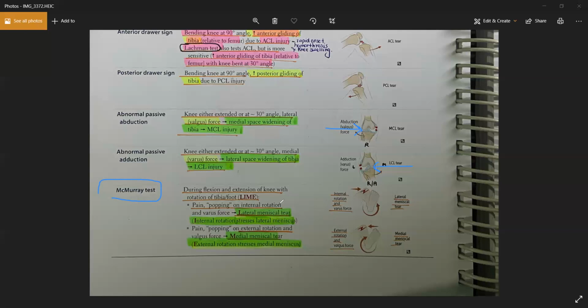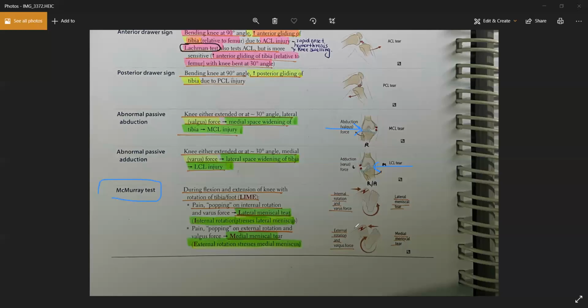And similarly, whenever I do the lateral rotation while applying the valgus force, which means a force from lateral to medial, and I get pain, that means it is a medial meniscus injury. The very easy way to remember is just think about the varus force or the valgus force.